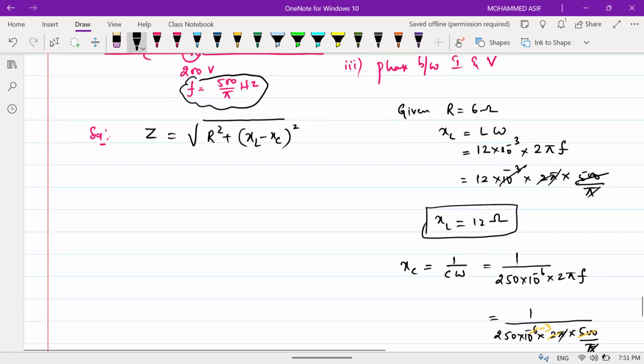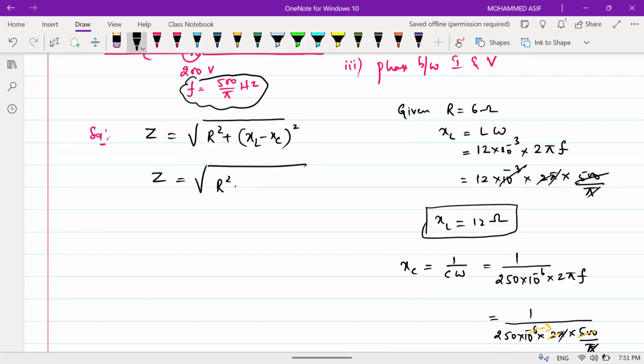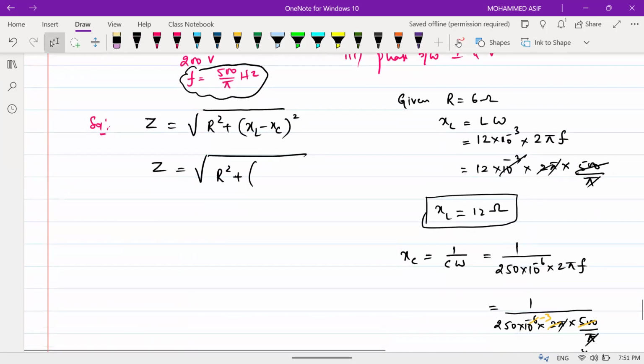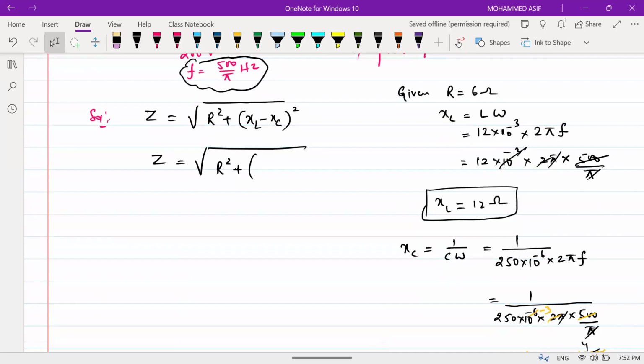So once I get that, I can calculate the value of Z. Z is equal to the square root of R squared plus (XL minus XC) whole squared. The value of XL I got is 12. XL is more than XC, so XL minus XC. You need to take care of that while doing the problem, whether to do XC minus XL or XL minus XL. So 12 minus 4, 4 whole square.